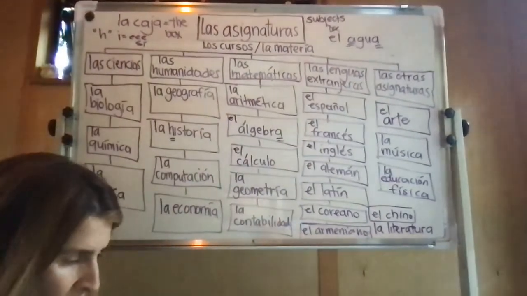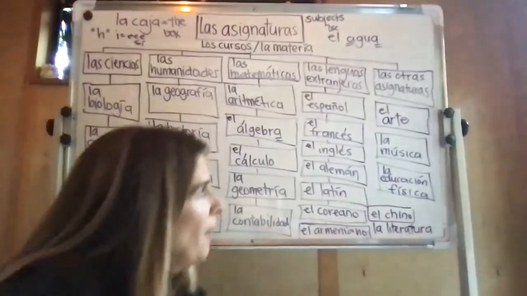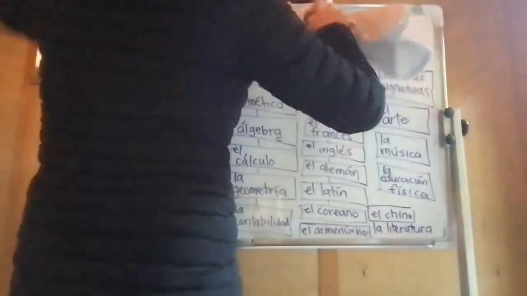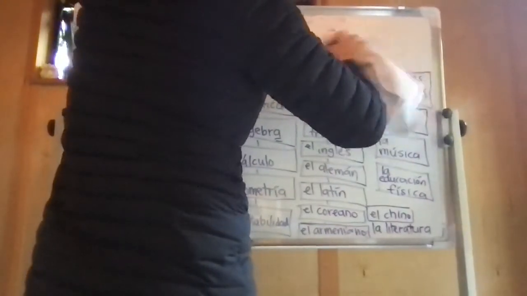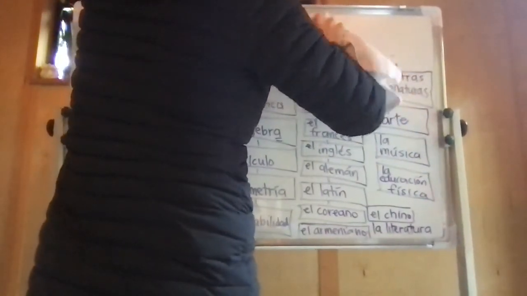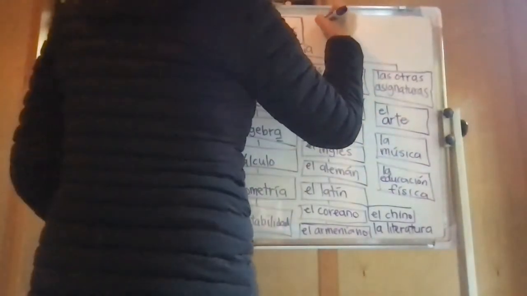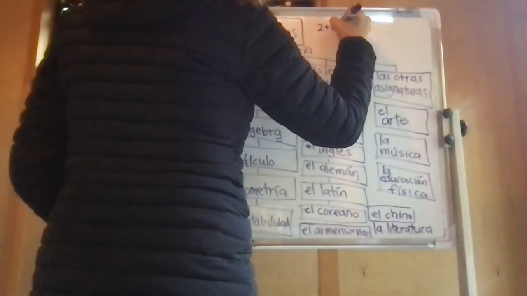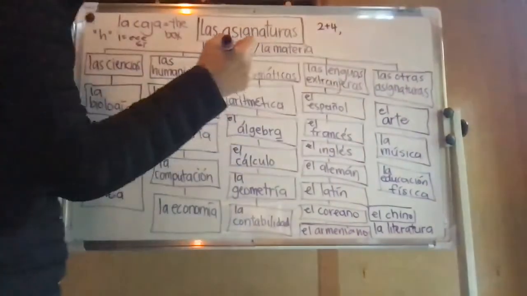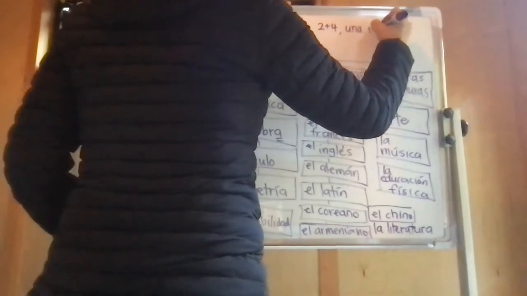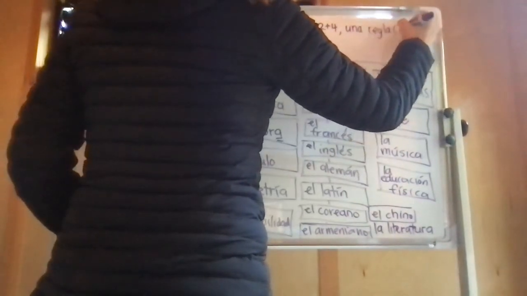On a test, I gave you the quiz, and on a test, I might say something like this. I might say, 2 más 4. I might say, una regla, which is a ruler.